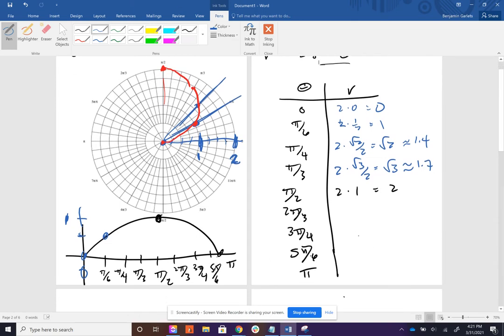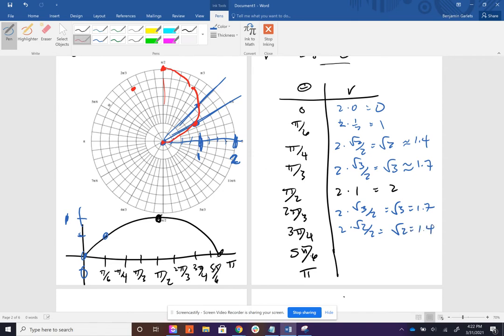So this is very symmetrical in the sense that sine of 2 pi over 3 is square root of 3 over 2. Square root of 3, 1.7. So we have this value that's 1.7. Sine of 3 pi over 4 is square root of 2 over 2. Square root of 2, 1.4.